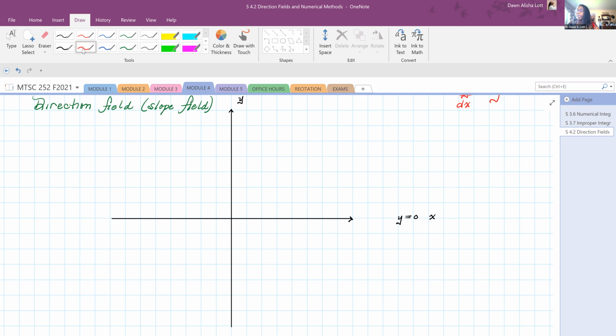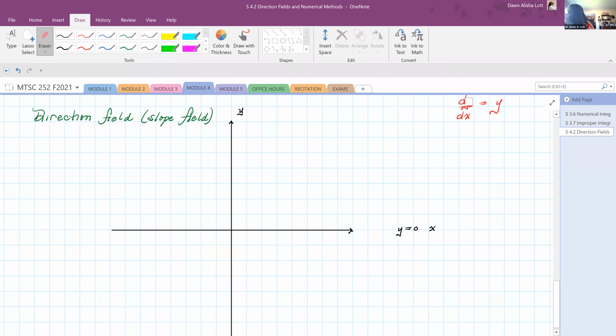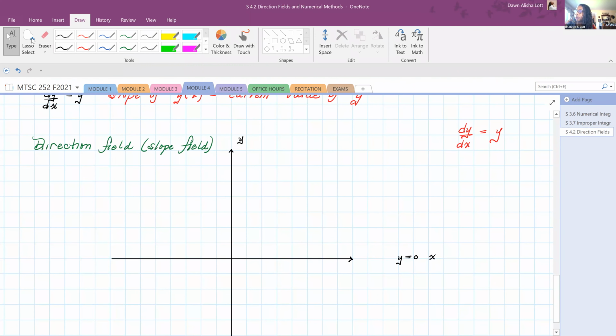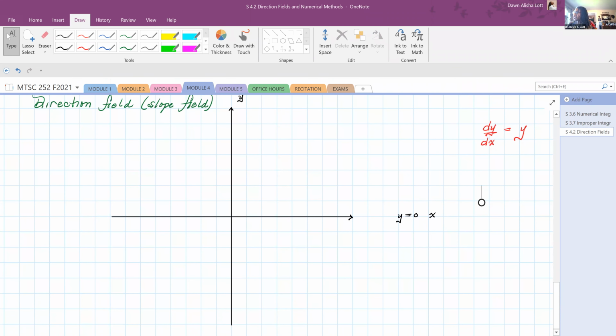So let's look at the point 0, 0. I've said to you, dy dx is equal to y. That's the problem I'm trying to solve. That says that at every point, the slope is equal to whatever the y value is. So at the point 0, 0, y is 0.